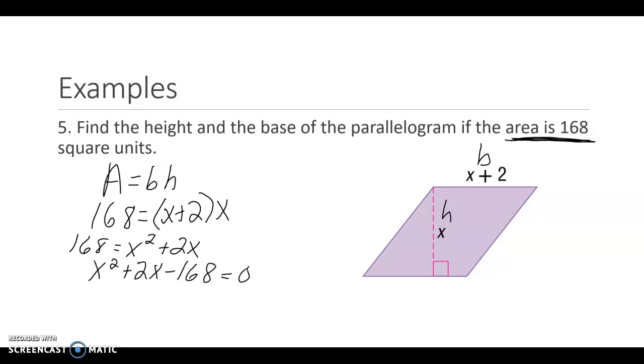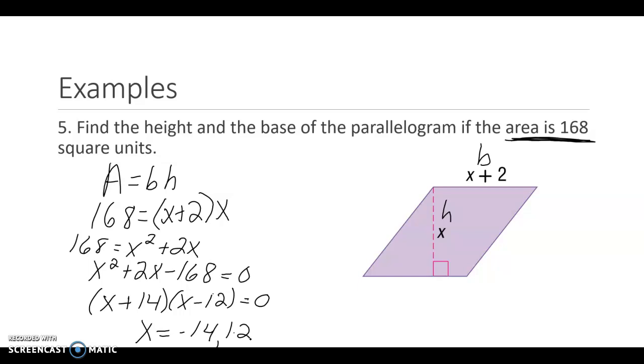When we factor here, we're looking for two things that multiply to negative 168, add to a positive 2, and that's going to be x plus 14, x minus 12. 14 and negative 12 give me negative 168. Positive 14 plus negative 12 gives me positive 2. When I solve that, I get x equals negative 14 and x equals positive 12.